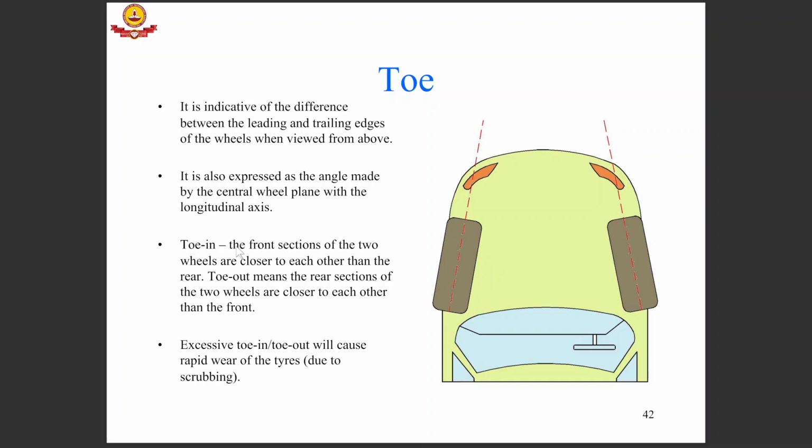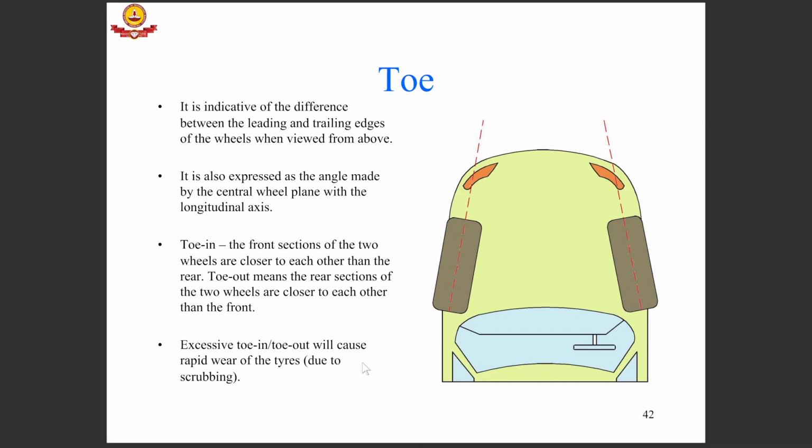There is toe in, where the front sections of the two wheels are closer to each other than the rear sections. This is an example of toe in. Toe out is the opposite of this, where the rear sections of the two wheels are closer to each other than the front sections.